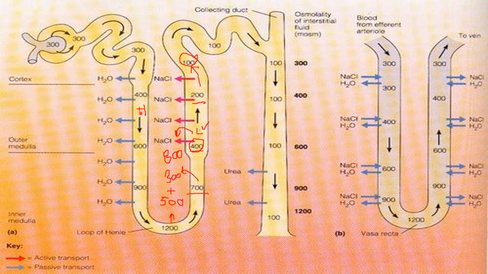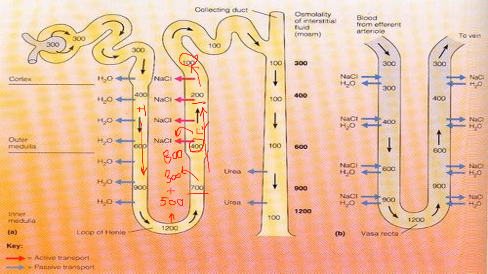And the second most important point is that it works in those parts in which the movement of solute or fluid is opposite in both parts. Here the fluid is moving from upside to downside, and in the second portion the fluid is moving from downside to upside. So this is all about the counter current multiplier mechanism that is running in our nephron.